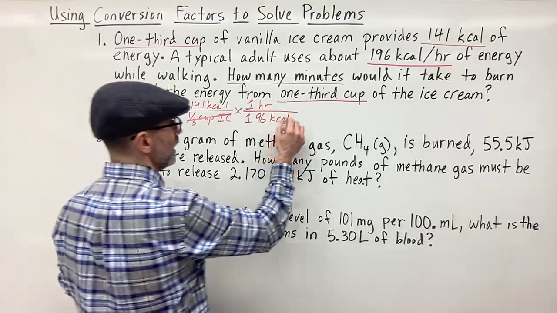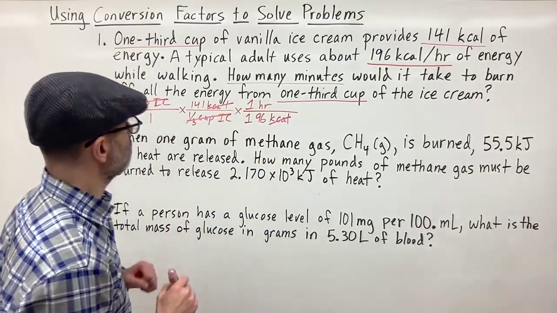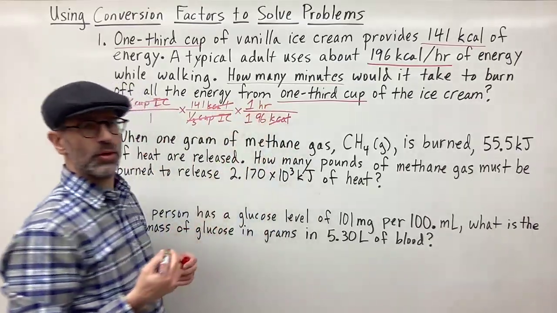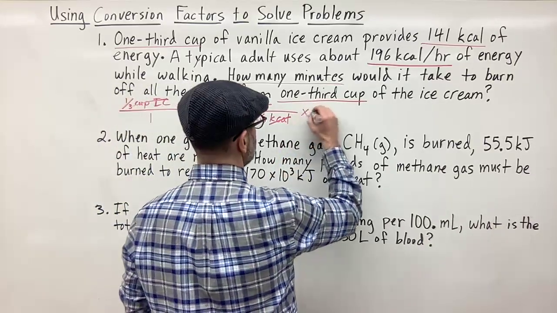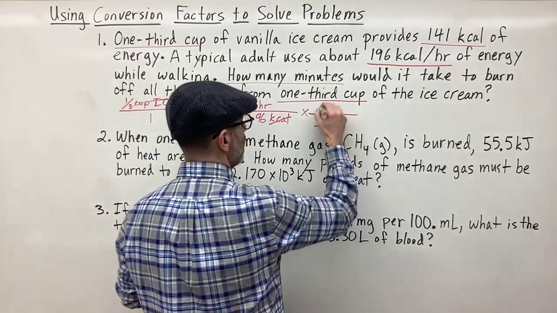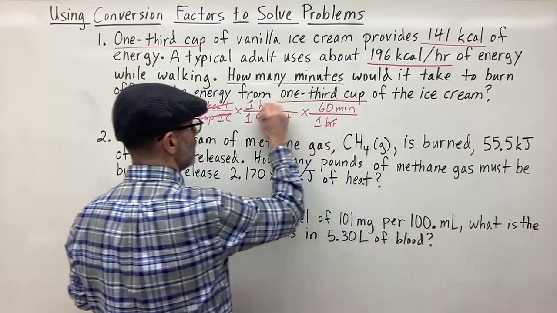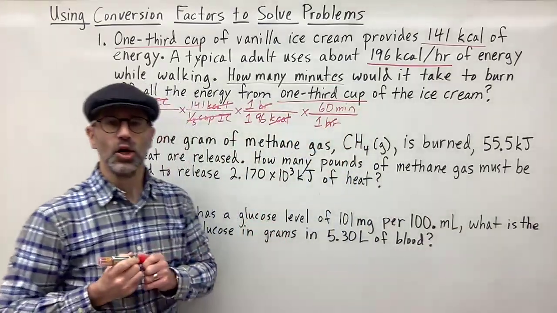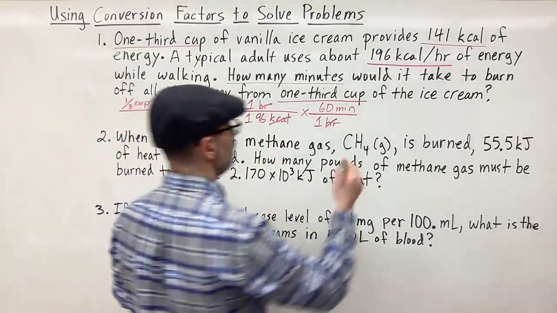So now kilocalories cancels out. Okay. And we have an hour, but we don't want an hour. We want minutes. So we're going to convert hour to minutes. So 1 hour goes on the bottom, 60 minutes on top. Hours cancel out. Now we have the minutes. We're done. And all we need to do is multiply and divide.